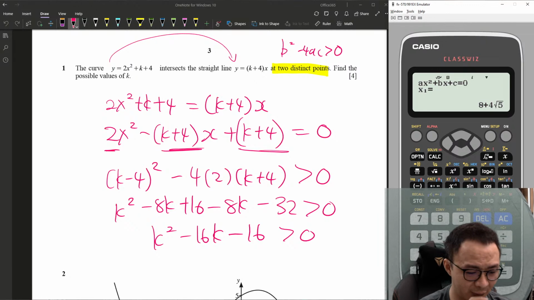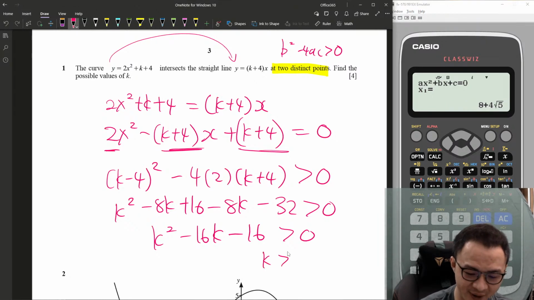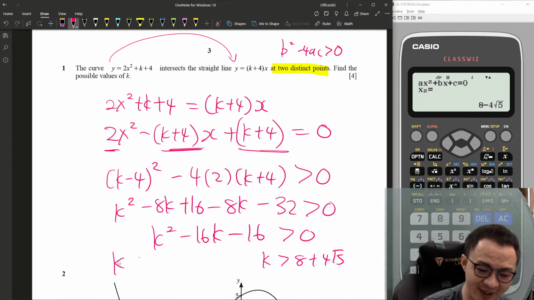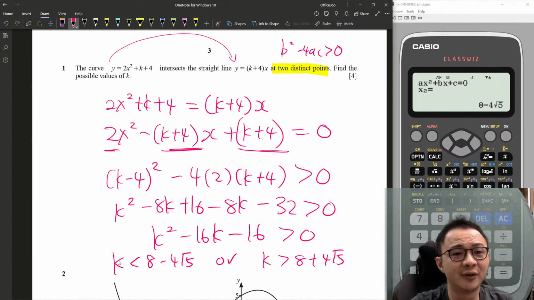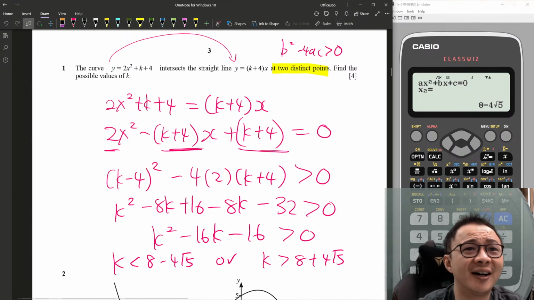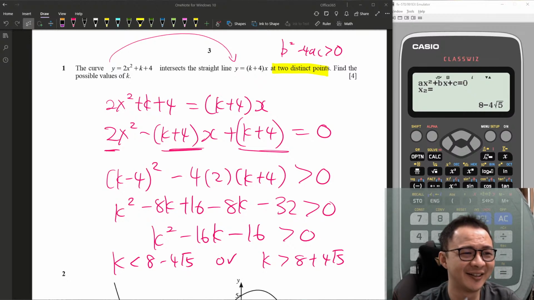Alright, to find the possible values of k: k must be bigger than 8 plus 4 root 5, and k must be less than 8 minus 4 root 5. But normally a question like this will give a nice number rather than a decimal. I'm not sure if I made a careless mistake or the question is just like that.